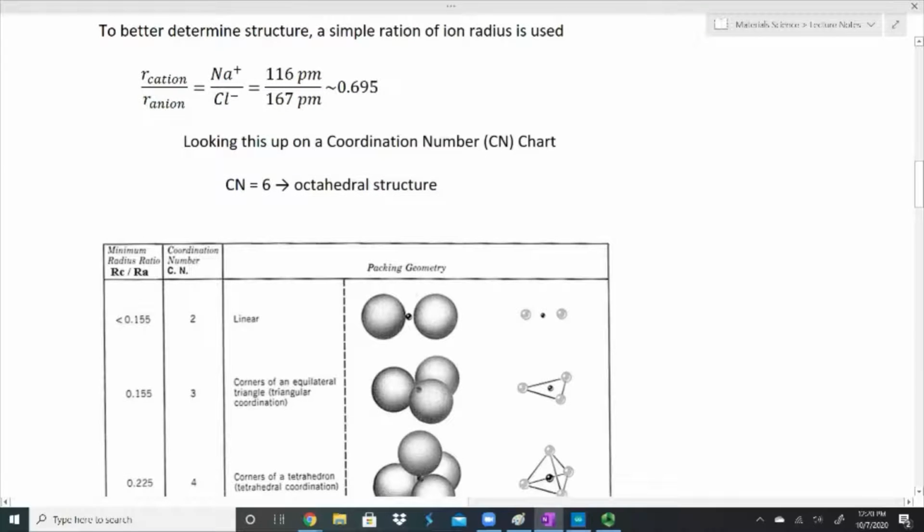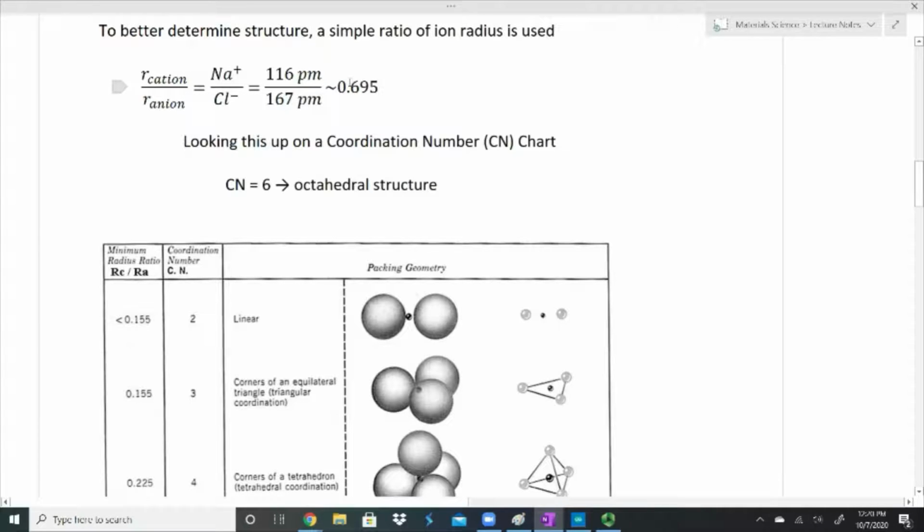All right, so what can we do? Mathematically, to determine this structure a little bit better, we can take a simple ratio of the ion radii that are used. We do the cation radius divided by the anion radius, and we're going to get some ratio.